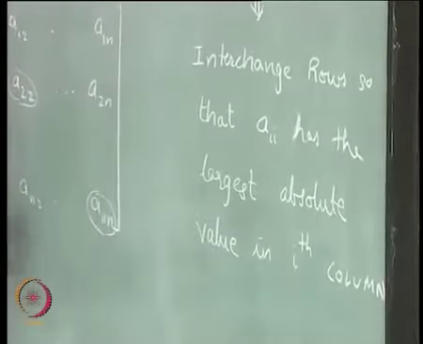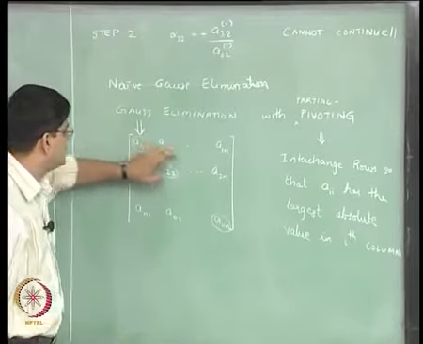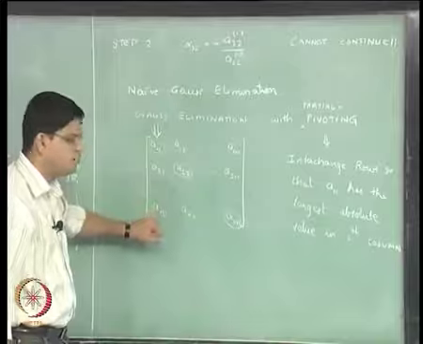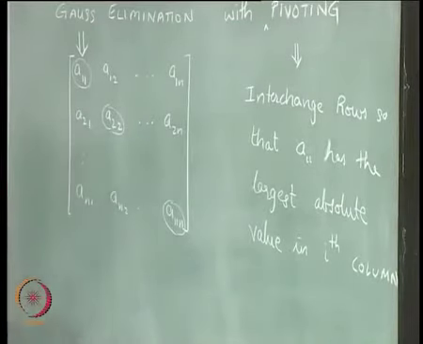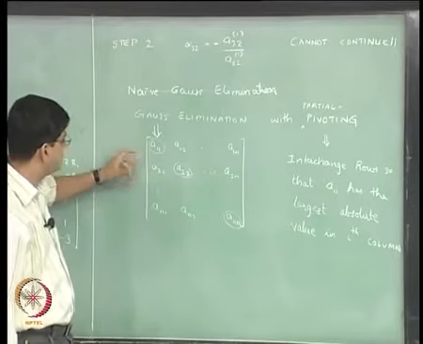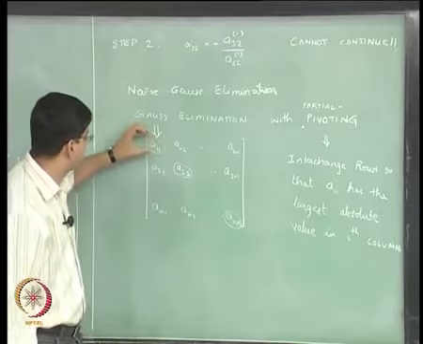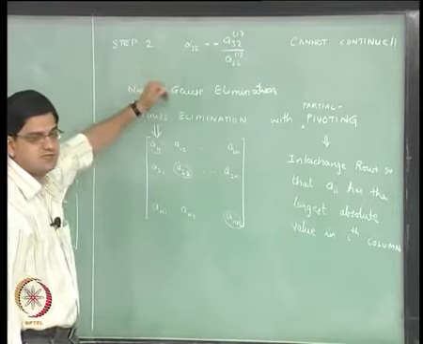So for example, in step 1 we will take a look at the entire column A11, A21 up to AN1. Let us say A51 is the largest value amongst all of these. In that case we will just interchange row 1 and row 5 so that the value of the diagonal element becomes the largest. Then we will proceed with step 1.